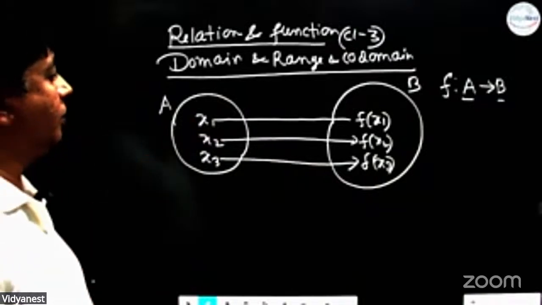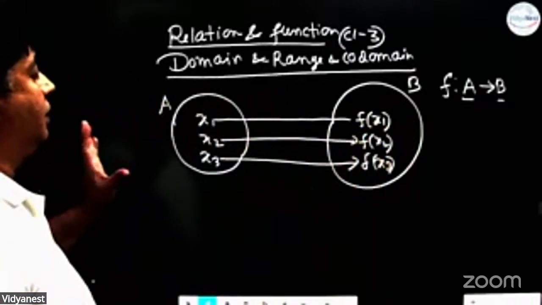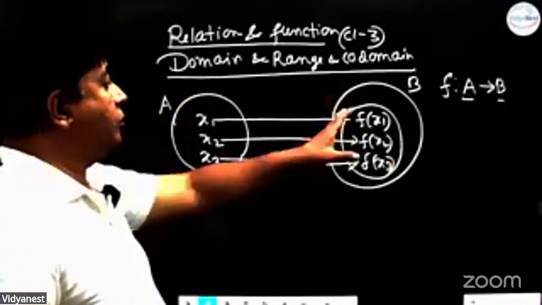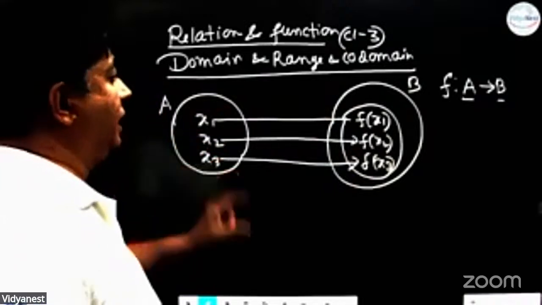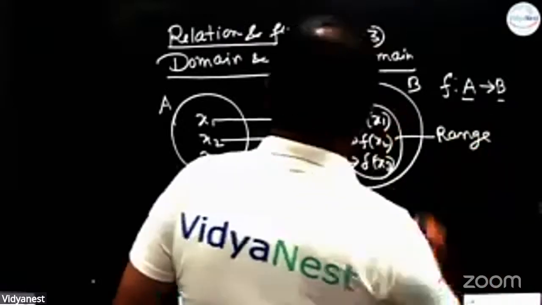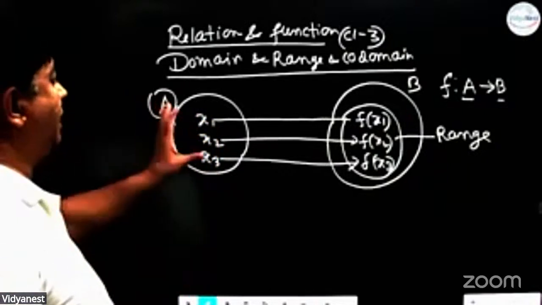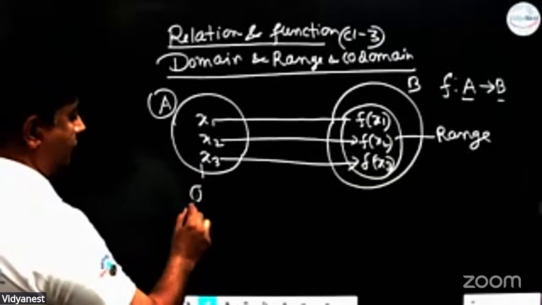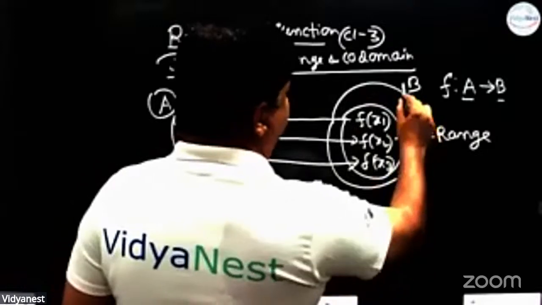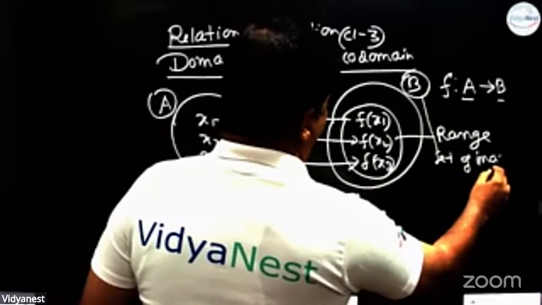Okay, so the set formed by the images whose pre-images belong to the set A is called range. Set A is the set of defined elements that are called objects. Set B is the set of images.